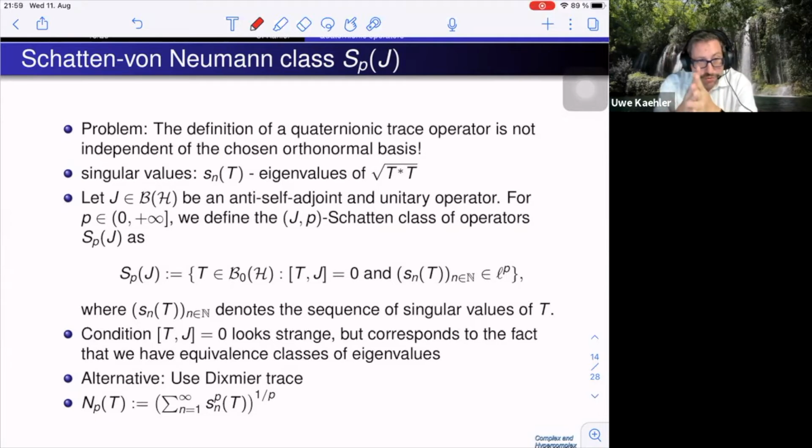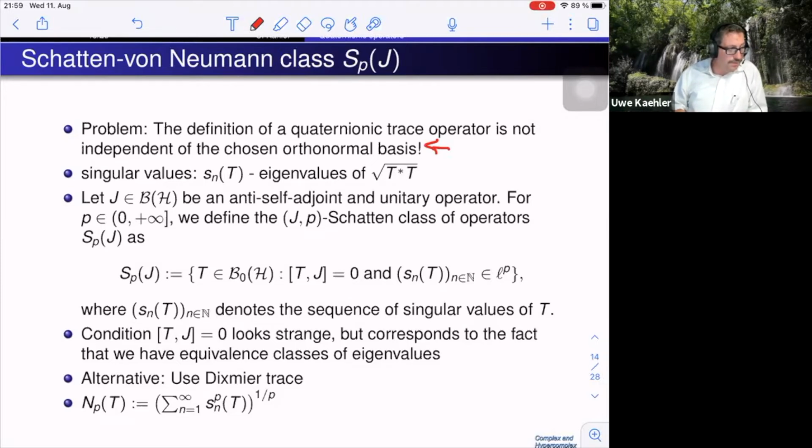Normally, to define a trace you introduce an orthonormal basis, make the expansion in terms of the orthonormal basis with respect to the inner product, and that gives you the trace. Afterwards you prove that it's independent of the chosen basis. That doesn't work here. You cannot simply do it that way. That's typically a result valid in the commutative case, but in the non-commutative case it goes immediately down the drain.